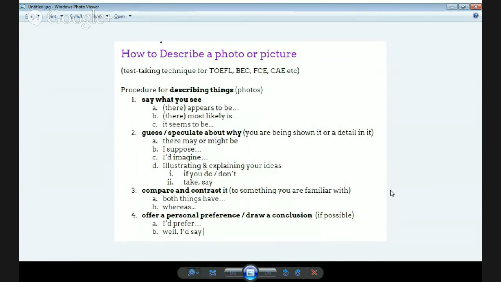Or a personal preference is which kind of service, dealer, situation that you prefer. Okay, you can say I'd prefer, or you can give an example like well I'd say, or well to me. These are all things you could say in step 4. Okay, let's get the picture back on screen. One second.